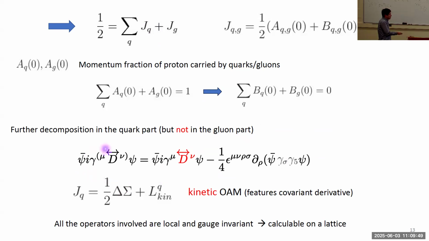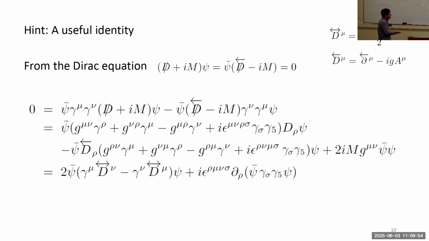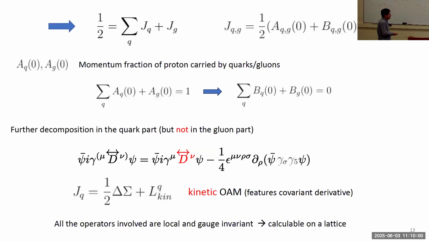You can also derive this using the identity that I showed you here. So use this relation, and then you can derive this equation, and then you plug it into the definition of JQ, and you find that this quark part can be further decomposed into the helicity part, which is actually identical to the Jaffe-Manohar decomposition, plus the so-called kinetic OAM.